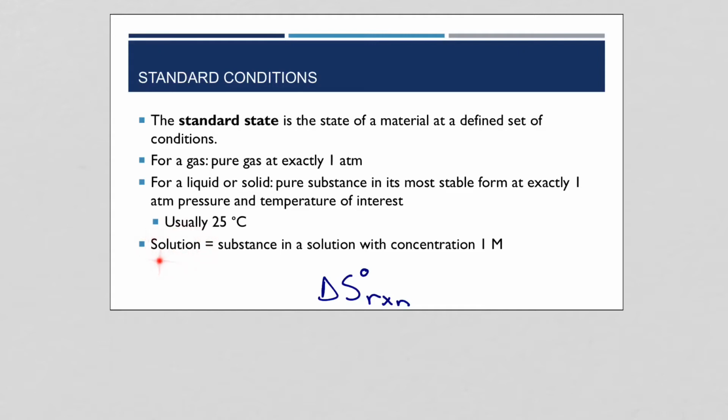And if we have an aqueous solution, the standard state is a 1 molar concentration of that solution. So that's a little review of what we mean by standard state. So now we can turn toward looking at how we get to those standard enthalpy changes.